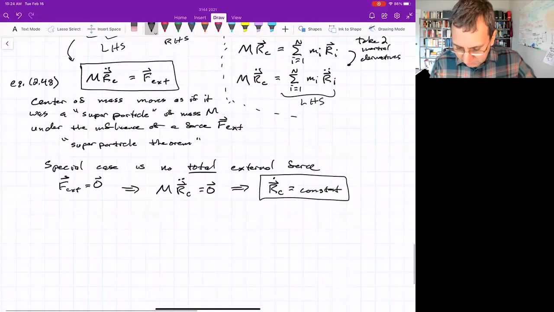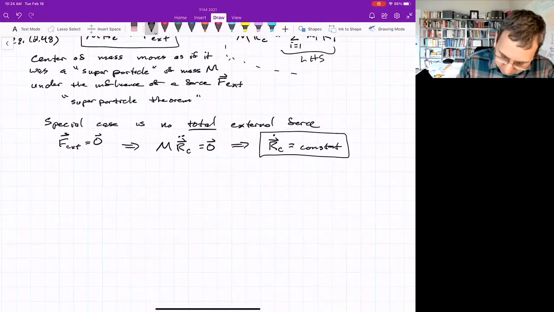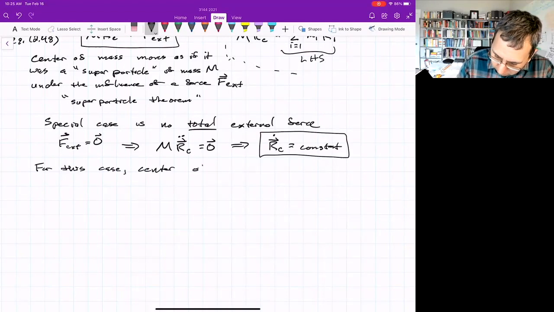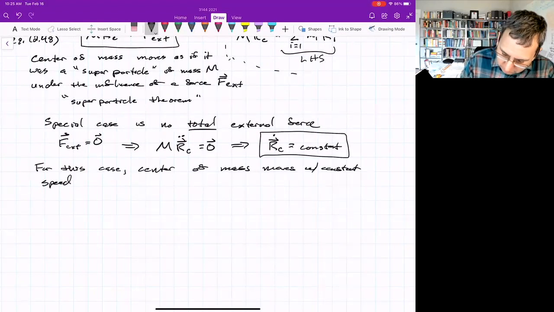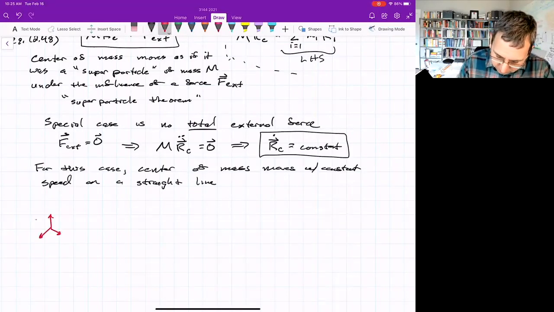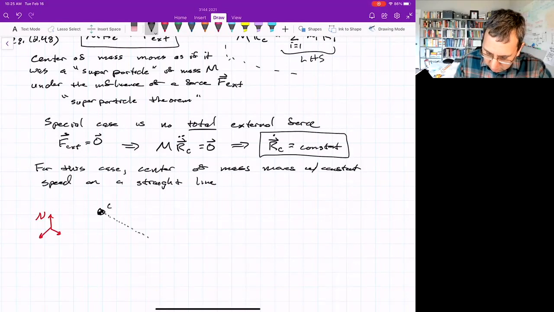So if I were to sketch out what this means, for this case the center of mass moves with constant speed on a straight line. So if I've got my inertial frame, here is, let's say, the initial location of the center of mass, and it'll just be moving with constant speed and constant direction forever.